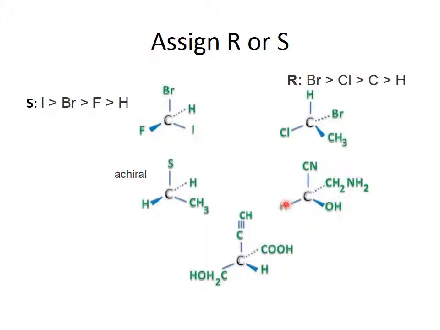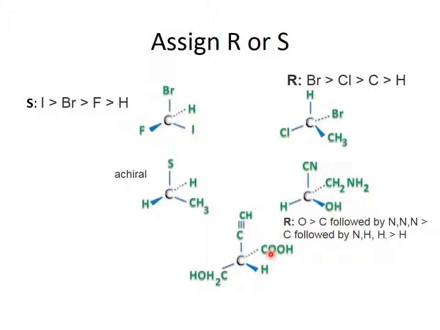If I turn this one, the hydrogen's here going out this way. I can actually see the rotation. Highest priority, second highest priority, third. That's clockwise, so it's R. Here the hydrogen is coming out, so I'm going to have to flip my rotation. So what's the highest priority group? All have carbons attached.